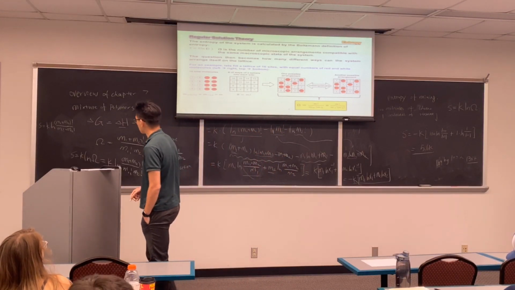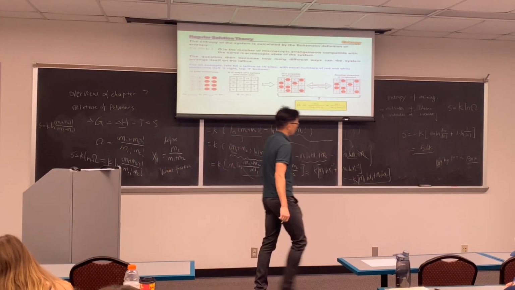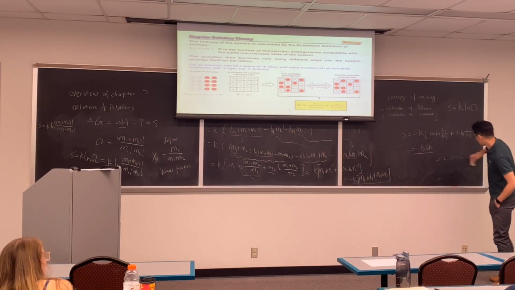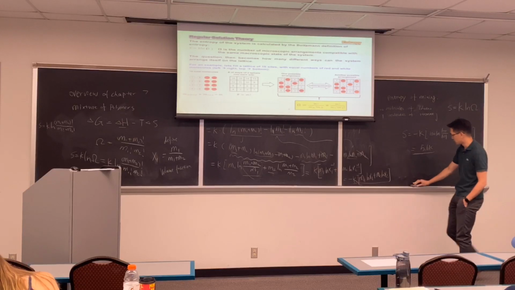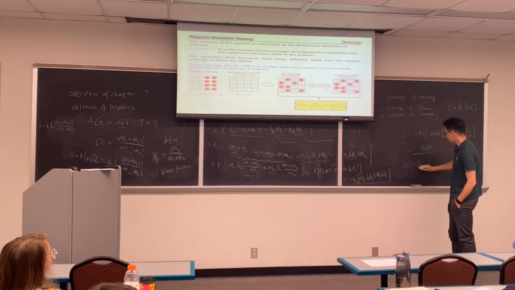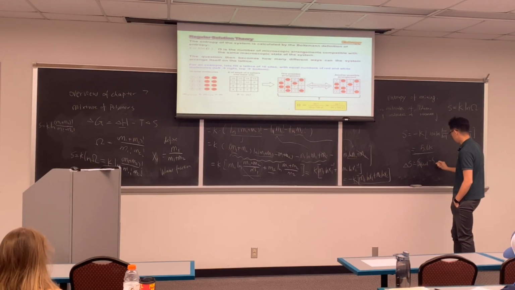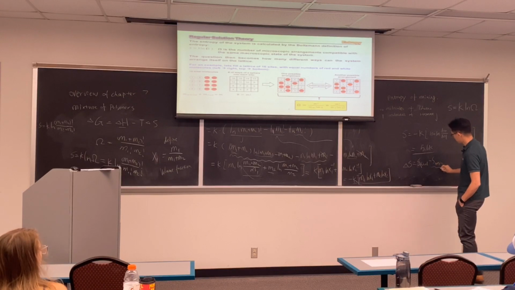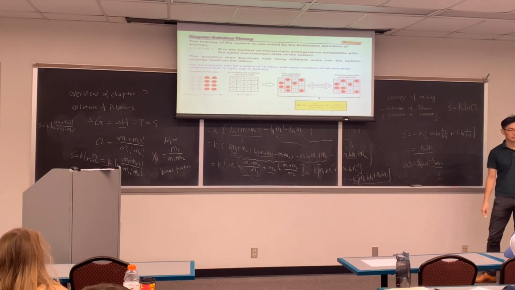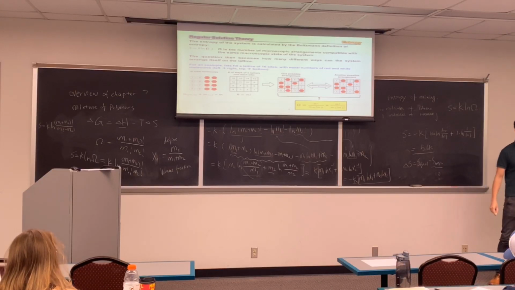So effectively for the system, we need to calculate not S in the final state, but to be more accurate, we need to consider the mixing process, delta S. So this would be the final minus S beginning. This happened to be equal to 0. That's why we say entropy differences happen to be related to the final state.